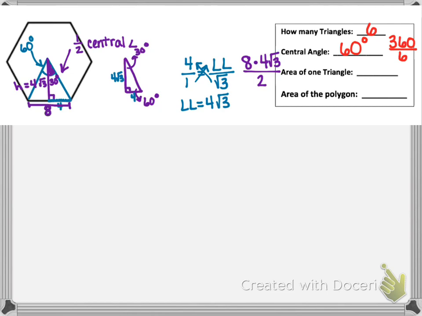So 8 times 4 square root 3 is going to be 32 square root 3. 32 square root 3 divided by 2 gives me 16 square root 3. And then we have 6 triangles, so we'll multiply that by 6. And we'll end up with 96 square root 3 for the area of the entire hexagon.